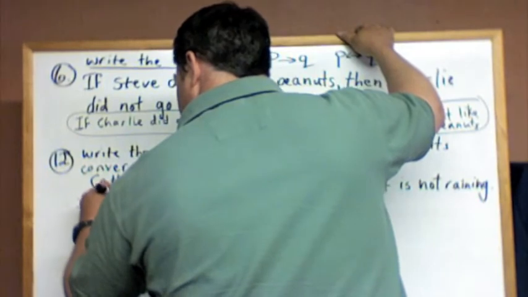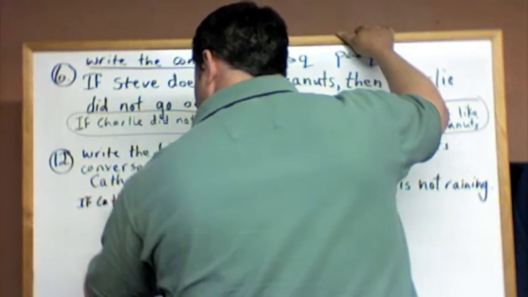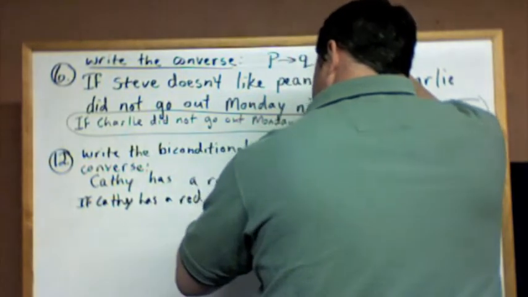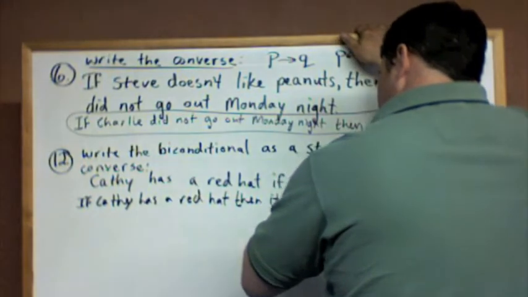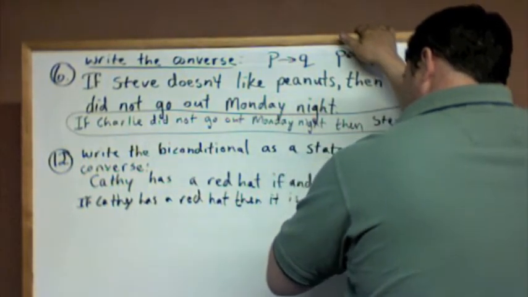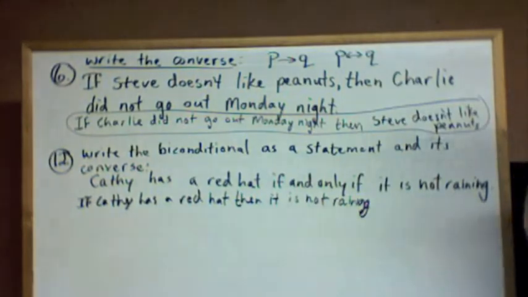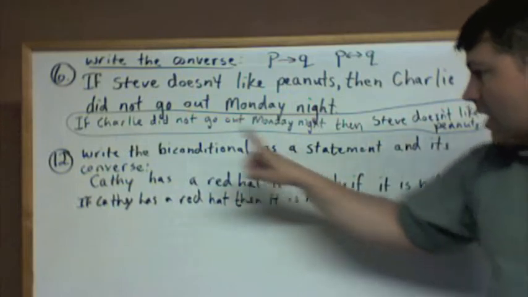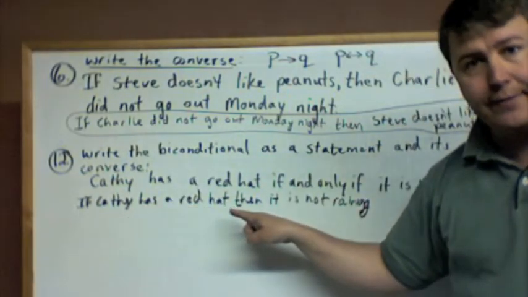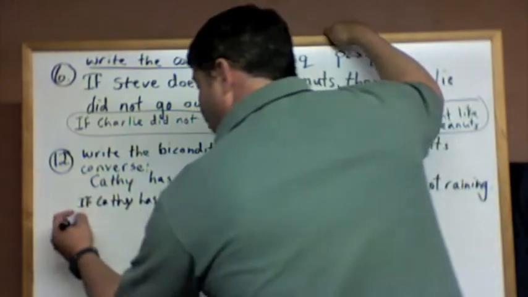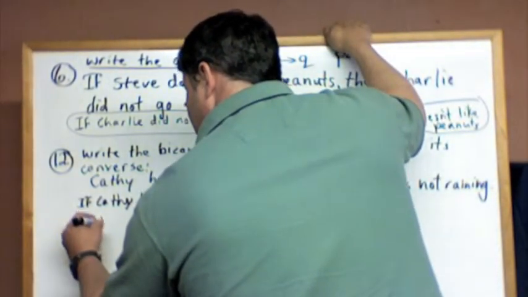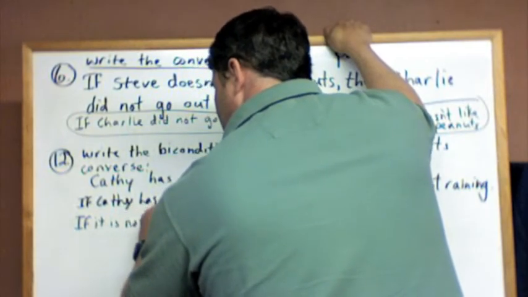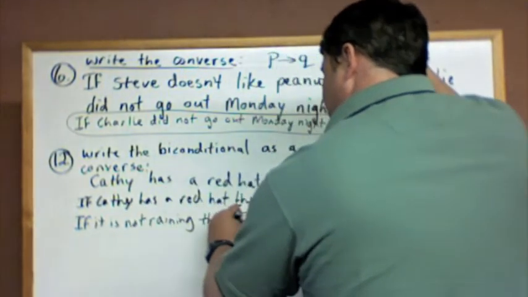A little sloppy, but you get the idea. Now, its converse is, if it is not raining, then Kathy has a red hat. That's also true, so I write the converse as well.